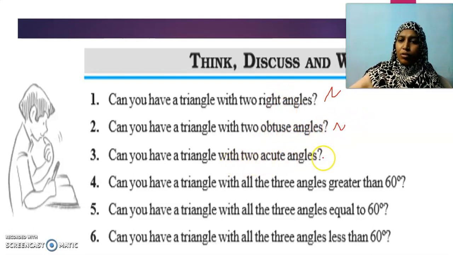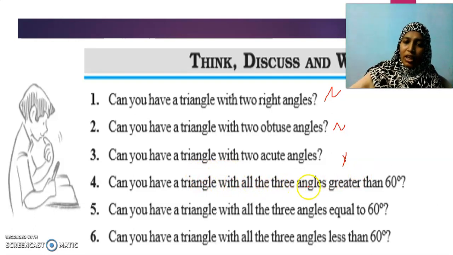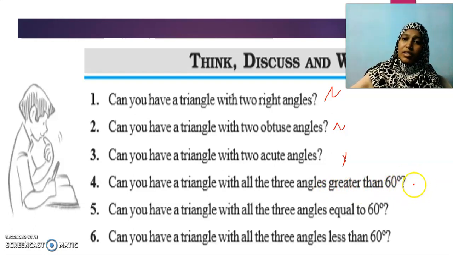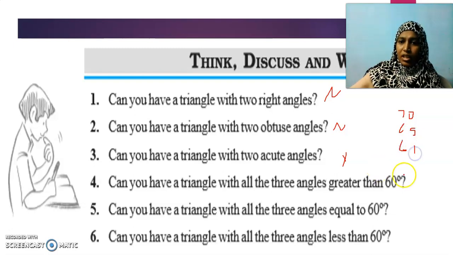Can you have a triangle with two acute angles? Yes, we can have. Can you have a triangle with all the three angles greater than 60 degree? They are saying that all the three should be greater than 60 degree. If it is going to be 70, another one 65 and another one 61, all these three numbers are greater than 60.